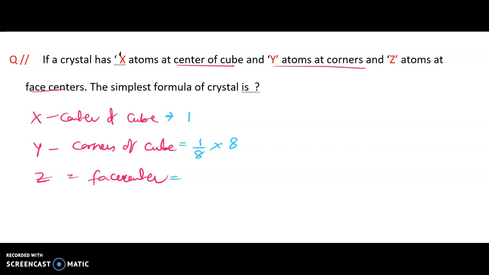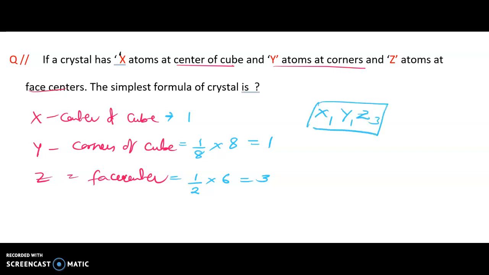Next, there are 6 face centers and the contribution at each face center is 1 by 2. So 1 by 2 into 6 is 3, and this will give 1 and this will give 1. So here X atoms will be 1, Y 1 and Z 3.